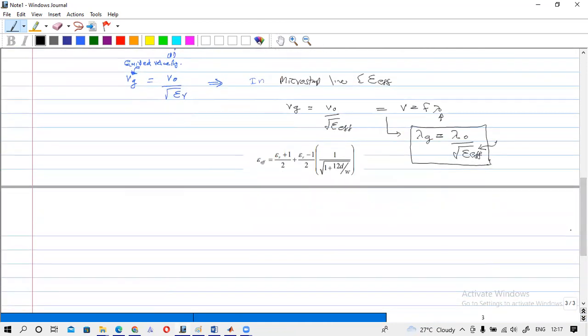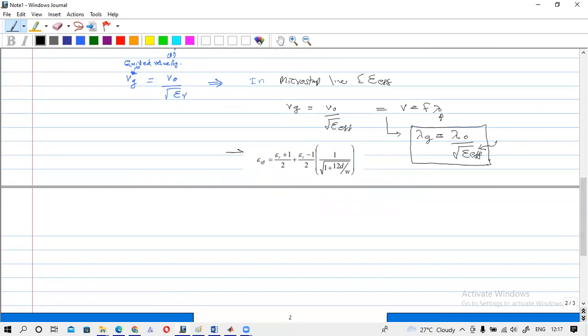If you look at it carefully, epsilon effective depends on epsilon r, the width, and d. Epsilon r is constant for a certain substrate, and the dielectric thickness d will also be a constant.